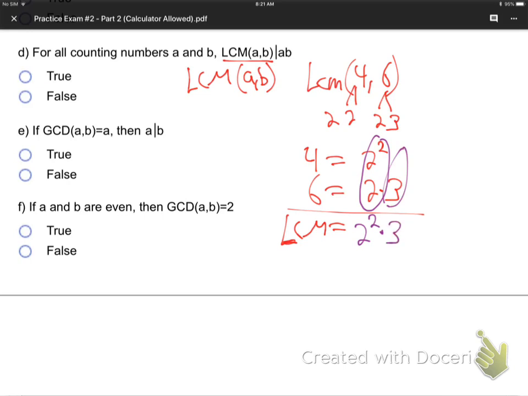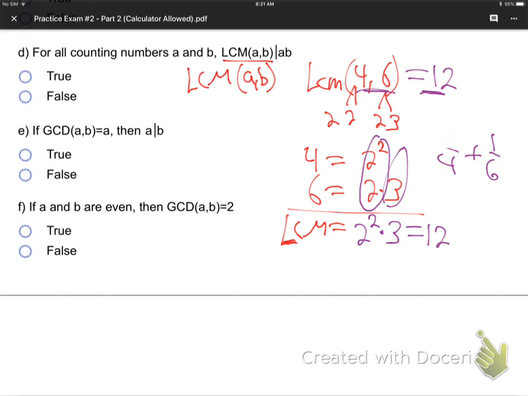The highest 3 is just a single 3, so that's 4 times 3, that's 12. 12 is the LCM of 4 and 6. And that makes sense. 4 and 6 both go into 12, don't they? That's the lowest number they both go into. They also go into 24 and 48, but 12 is the lowest number 4 and 6 go into. If you were adding fractions, 1/4 and 1/6, the least common denominator, the LCD, would be 12.